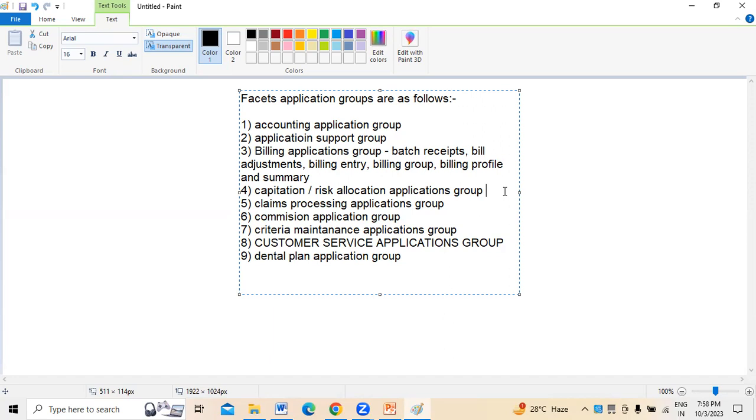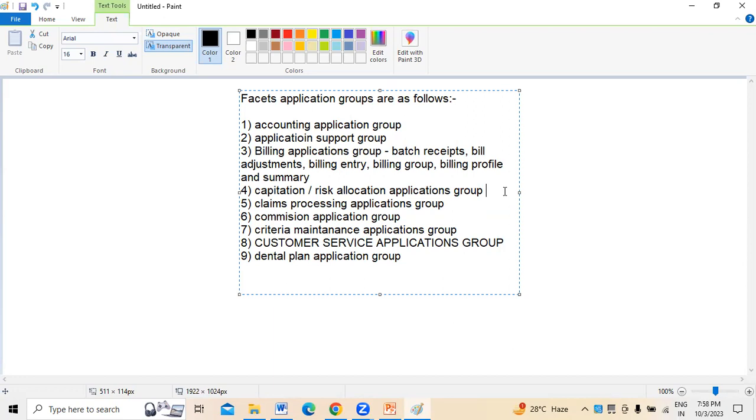Followed by this, the next was the commission application group. When we are talking about the commission applications group, it majorly focuses on the commission adjustments, if there is any commission adjustment for that particular service we are using.